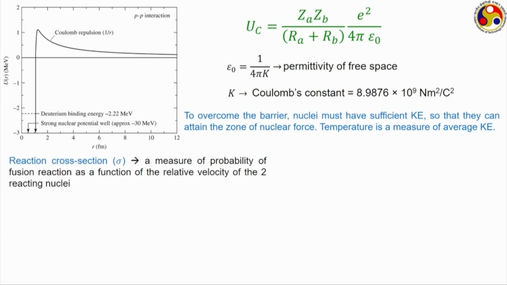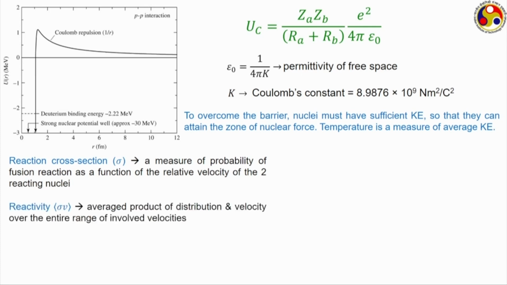But before that, a few terminologies. One is reaction cross section. Reaction cross section is a measure of the probability of fusion reaction as a function of the relative velocity of two reacting nuclei. And for reactivity, generally for a given energy level, both the nuclei can have a distribution of velocity from 0 to infinity.